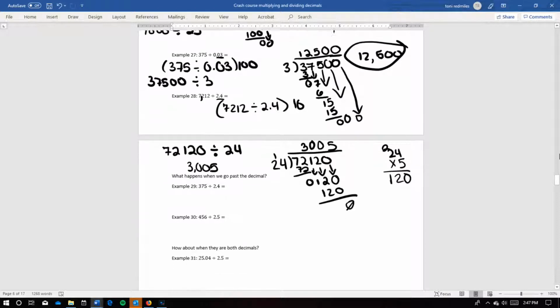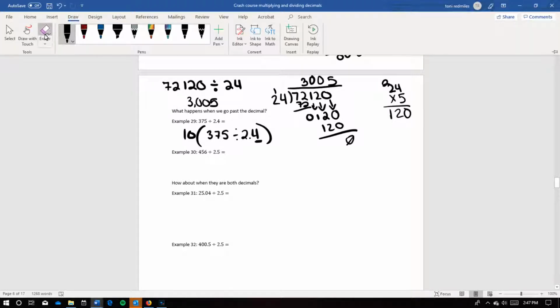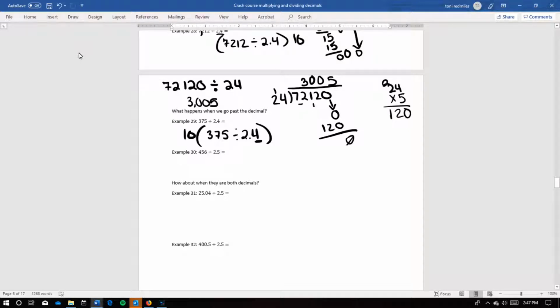So now let's look at what happens when we have to go past the decimal. Alright, so I have 375 and it's divided by 2.4, and that has a tens place, so I need to multiply by 10. Let me erase a little bit because I need some more room.